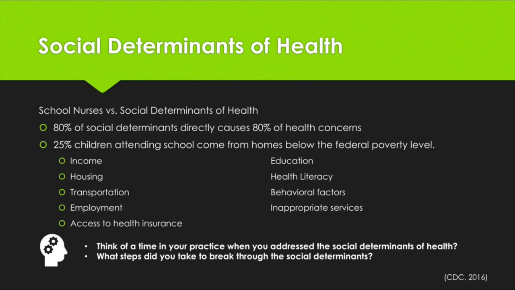So social determinants of health, so 80% of social determinants directly cause 80% of health concerns. So when patients have social determinants and they're unable to have access to care, this can increase our health concerns by 80%. And 25% of children attending school come from homes that fall below the federal poverty level. 25% is a very high percentage.